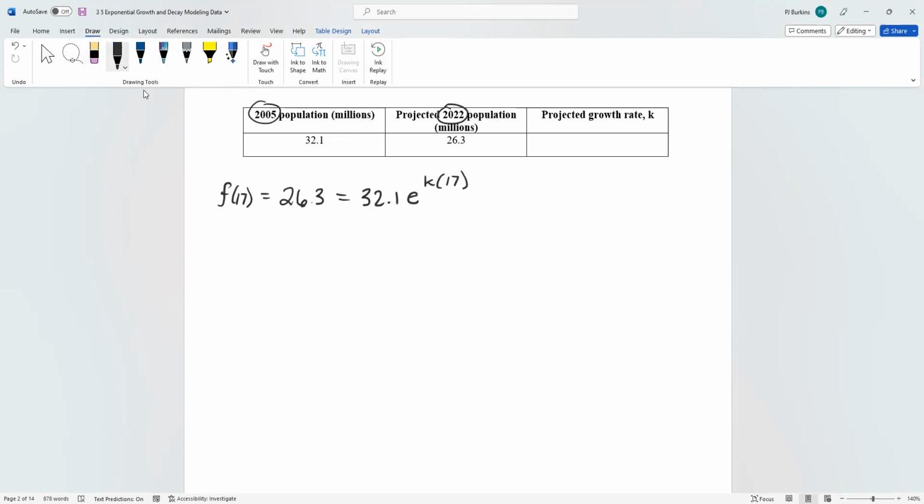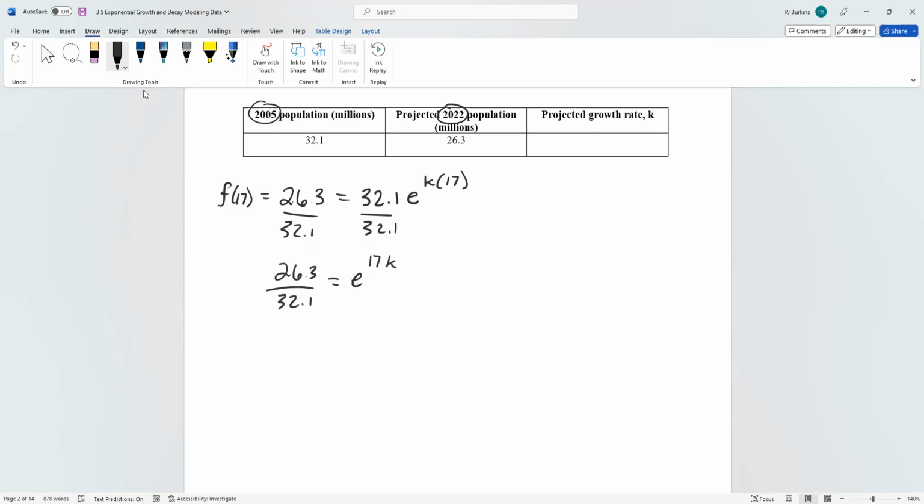Okay. So this time we're trying to solve for the growth rate, which is not as trivial as the previous problem, but still not too bad. So I first need to isolate the exponential. So I'm going to divide by 32.1 on both sides. So I have 26.3 over 32.1 equals e to the 17k.